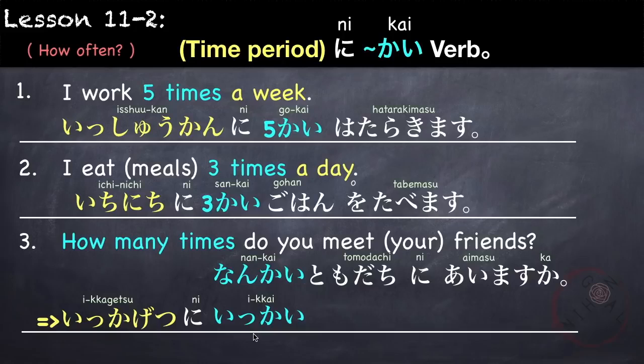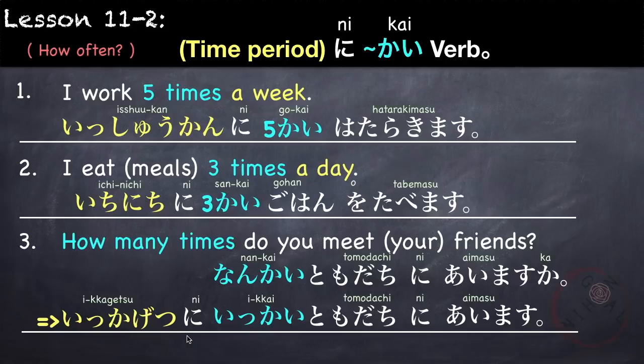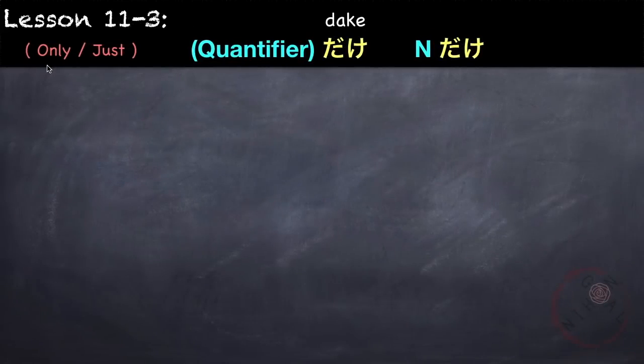And lastly, how to say only or just, which in Japanese is だけ. It is added after the quantifier or after a noun.